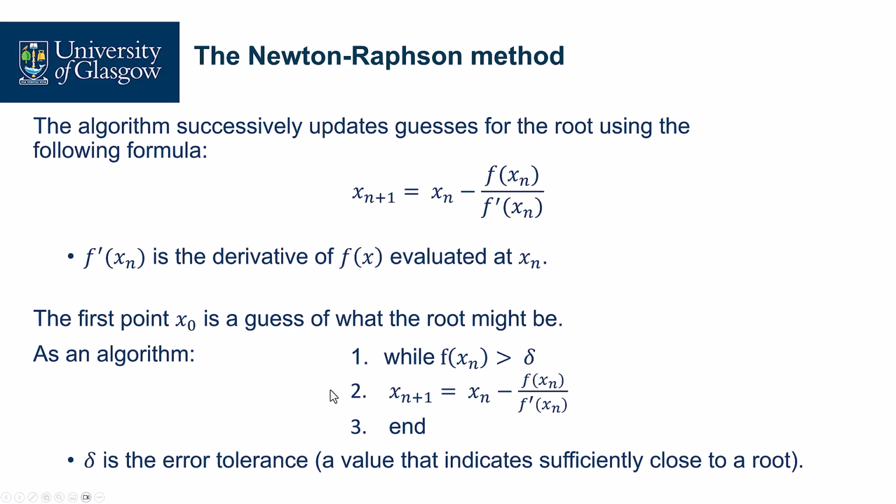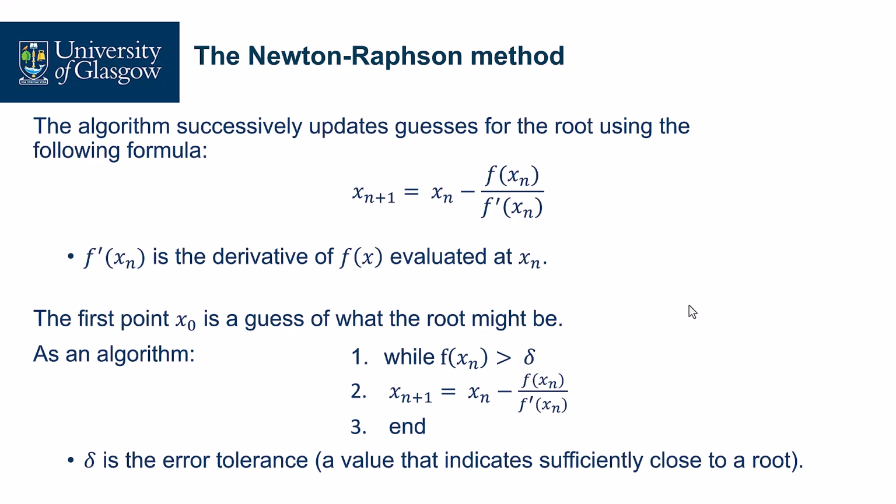Then, while |f(xn)| is larger than delta. This delta is an error tolerance. Maybe eventually f(x) really cannot exactly equal 0, but if it's small enough, we also accept it to avoid an endless loop. In the loop, we update the x value based on this formula. Then we end this while loop. We iterate until we get the answer, right?